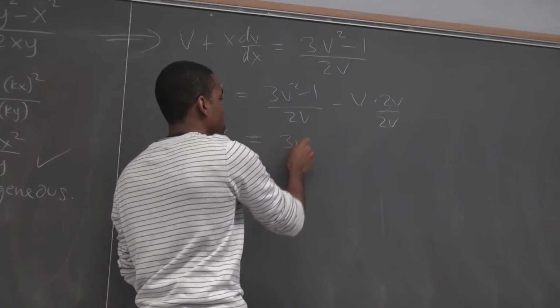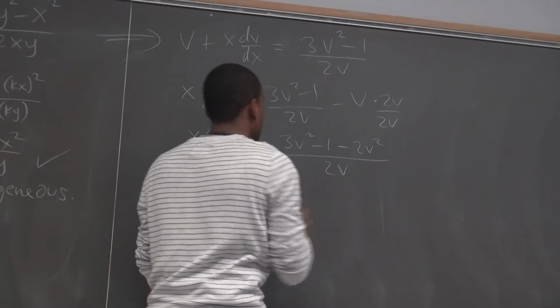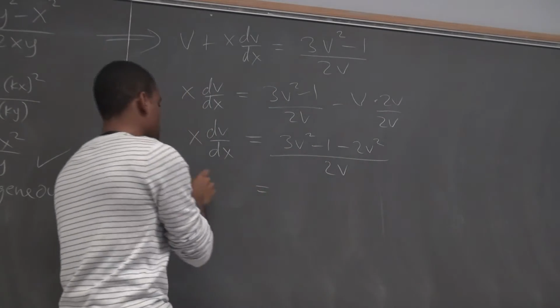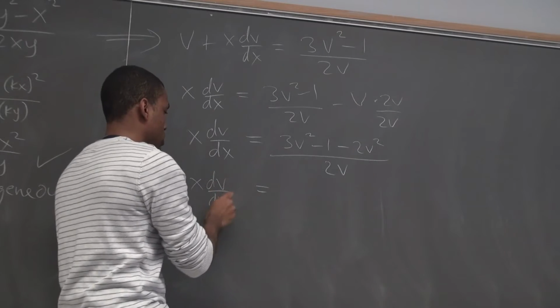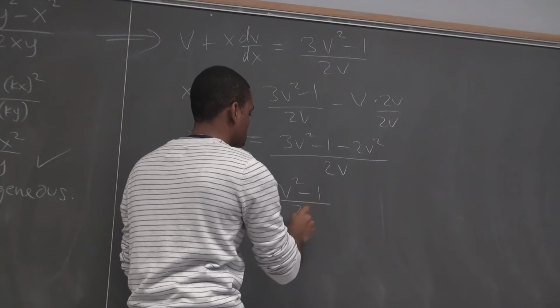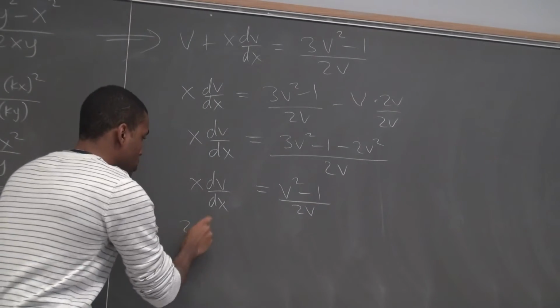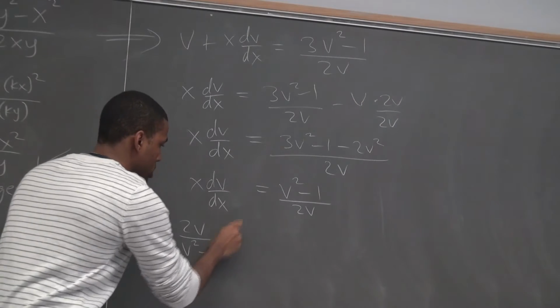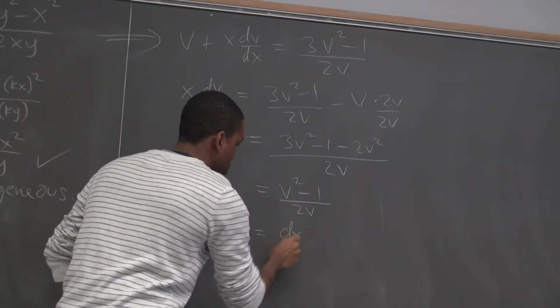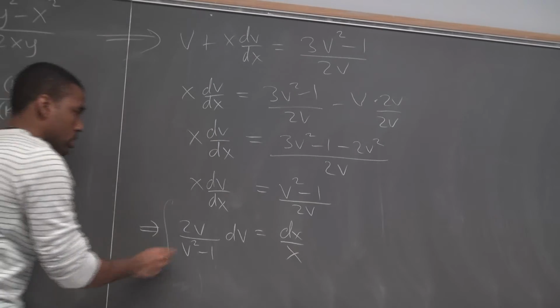This gives you 3v squared minus 1 minus 2v squared, all over 2v. So this means you have x dv/dx equals v squared minus 1 over 2v. And so 2v over v squared minus 1 dv is equal to dx over x. So it's separable.